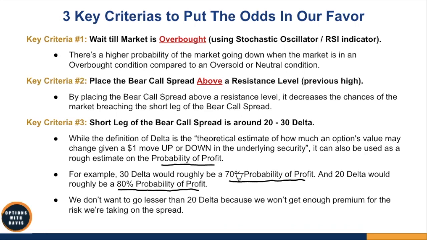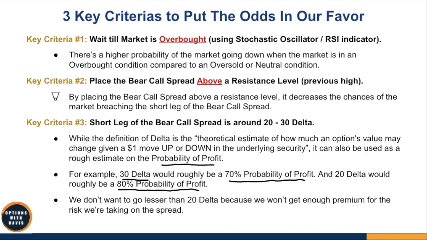And you can see this through the risk profile on your trading platform. I use Thinkorswim. You can just go and see the risk profile, and it will tell you your probability of profit. So imagine that you already have a 70% probability of profit by default just by choosing a 30 delta short strike on your bear call spread.